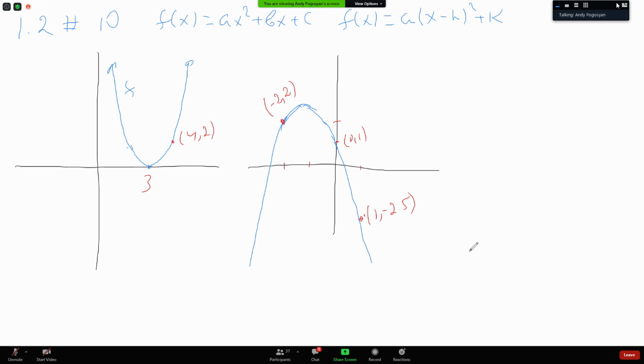Now, for the first case, which formula is convenient for us? The first one or the second one? Which one can we use? The second. Why is the second a better choice? It's correct, but why?